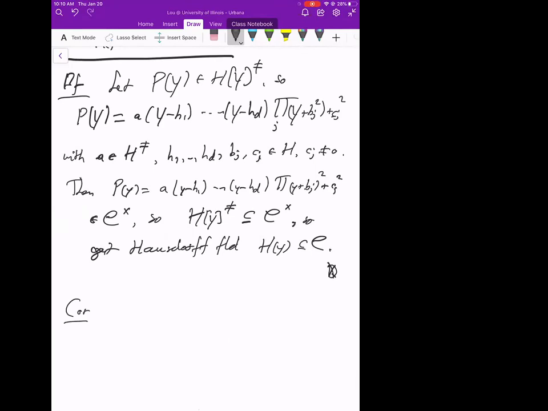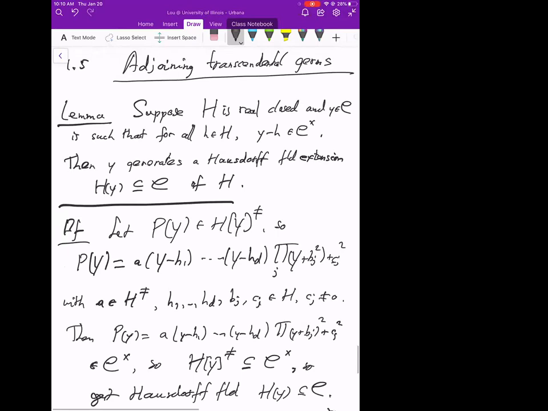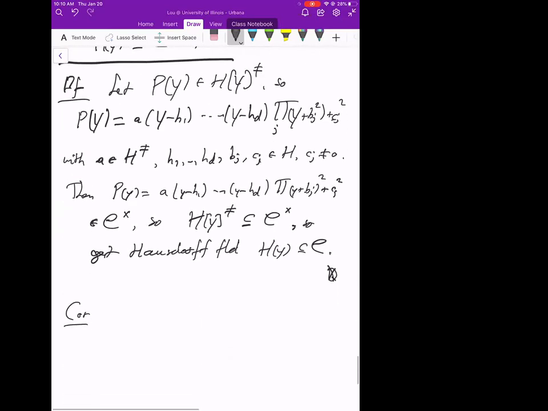Basically, it says that you can join logarithms, provided you have sufficient smoothness. So this was 151, and corollary 152.